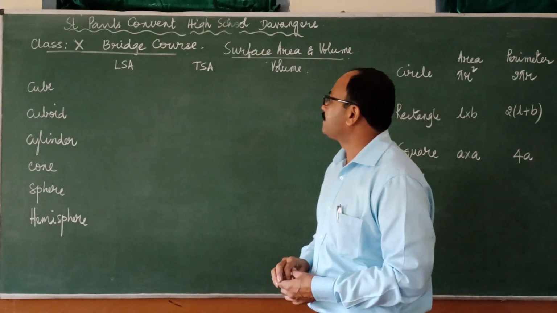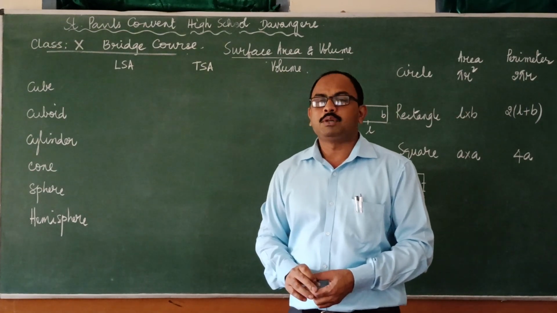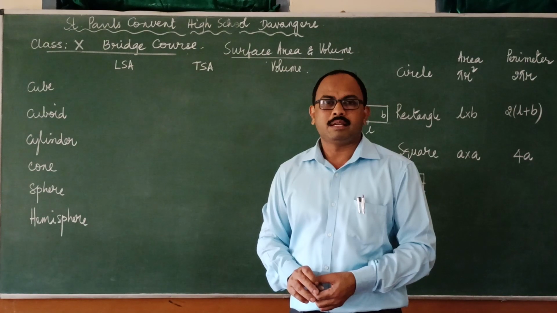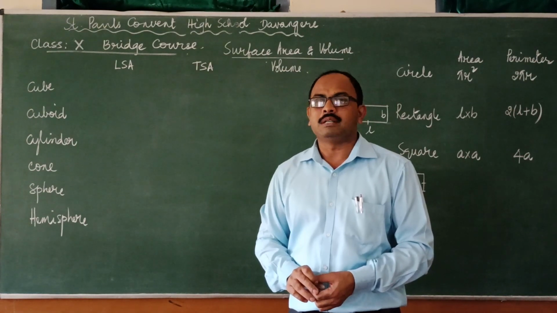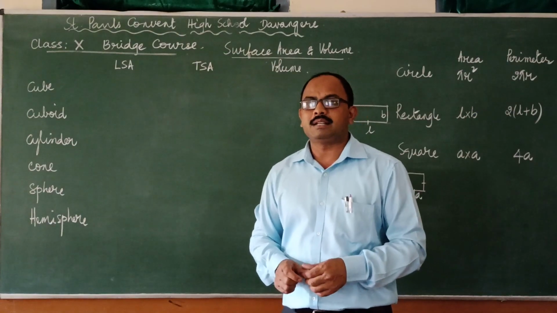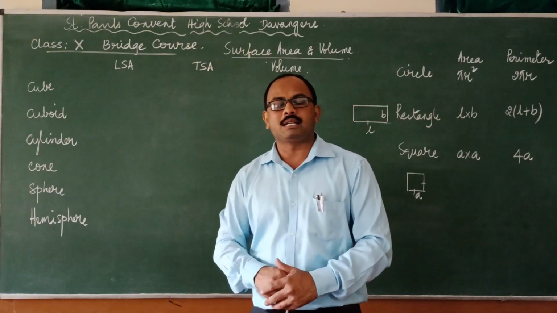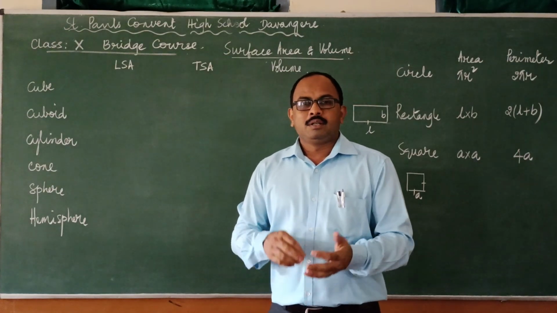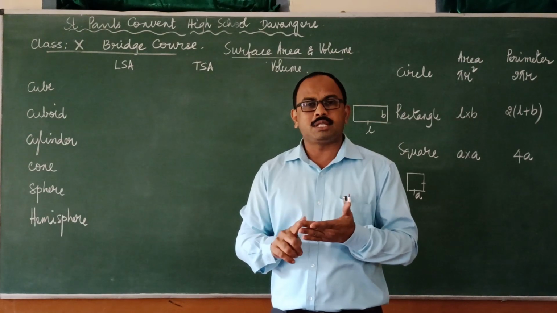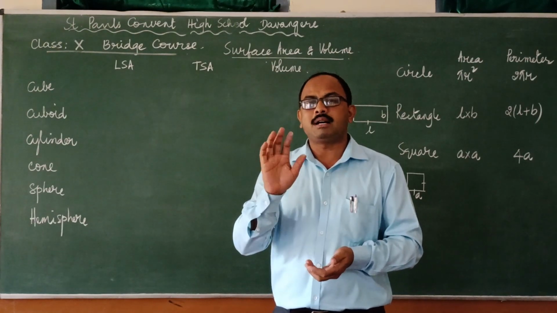This lesson, surface area and volume, is purely based on the formula part, children. Therefore, please try to learn these formulas. There is a lesson in your 10th standard called surface area and volume, where we can expect multiple choice questions, fill in the blanks, 2 marks, 3 marks, 4 marks, even 5 marks questions.